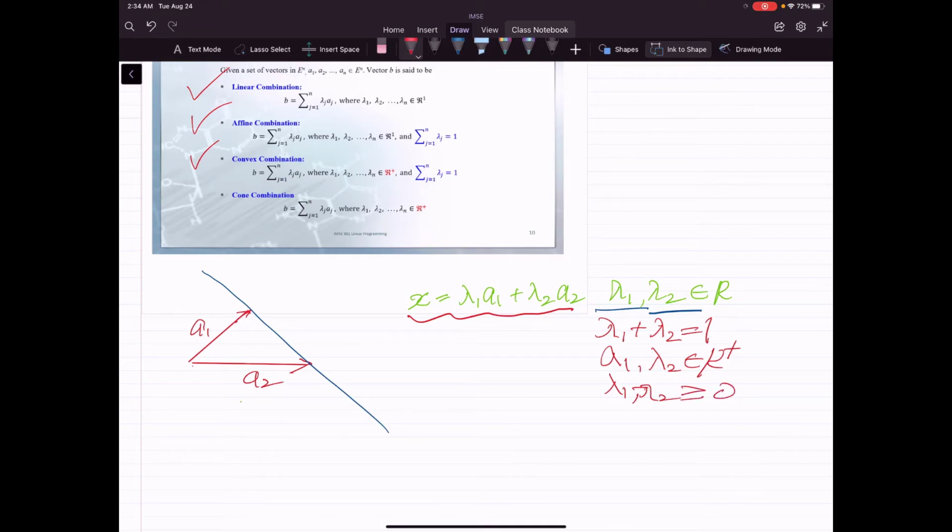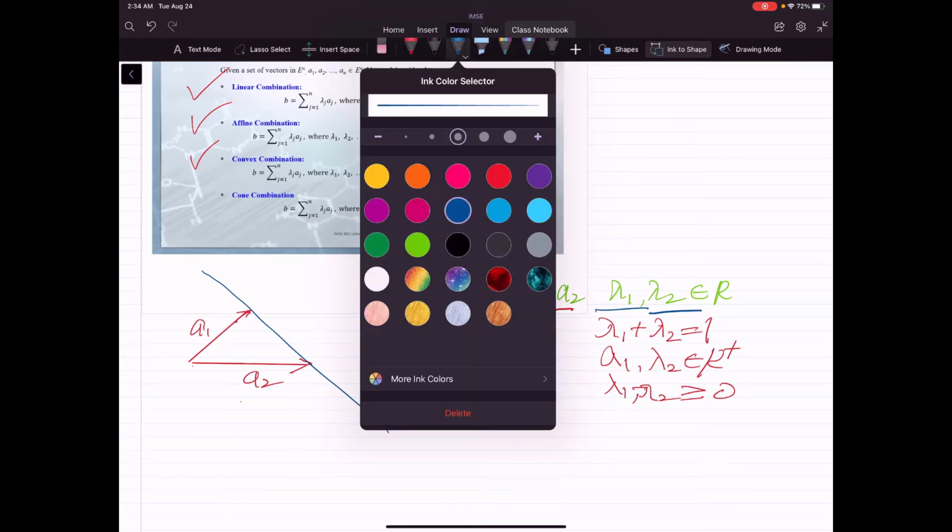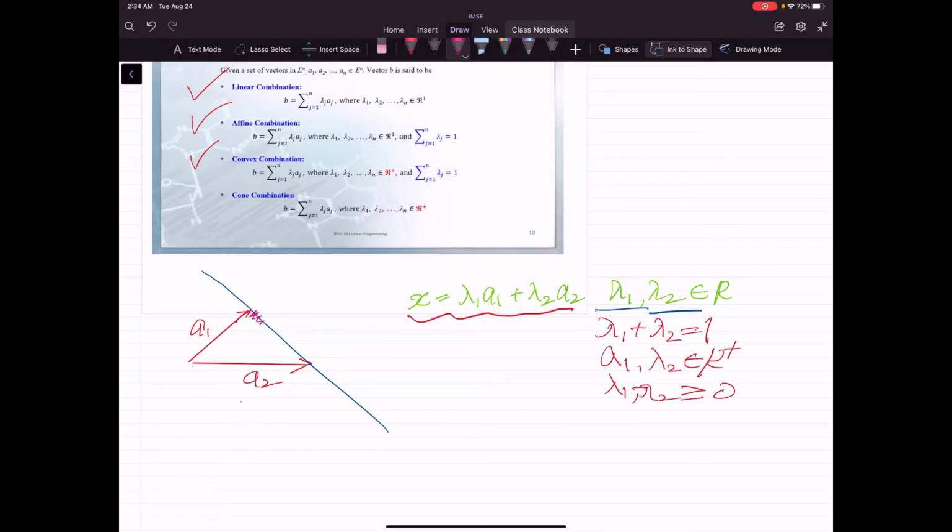So what is this part going to be? It is basically the line segment in between. That's the convex combination. The line segment in between A1 and A2 is the convex combination.